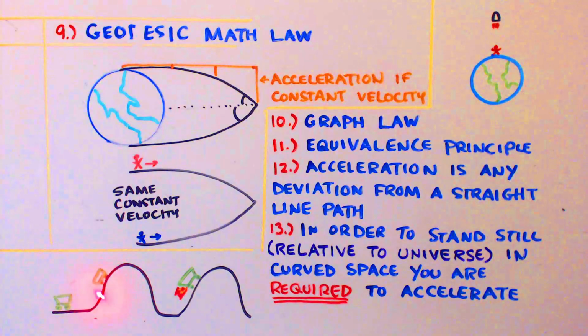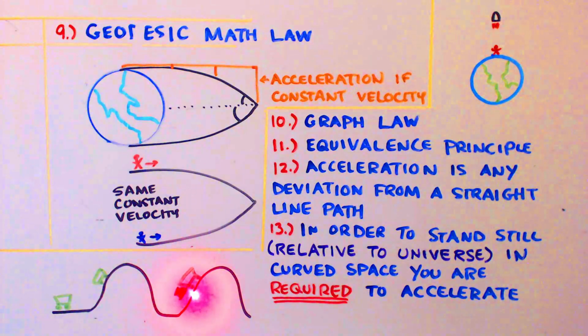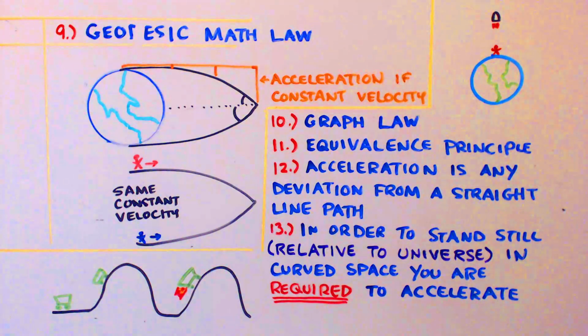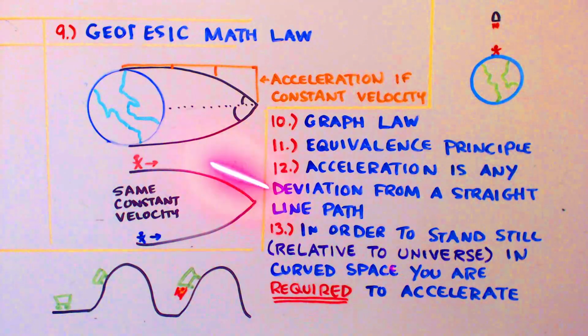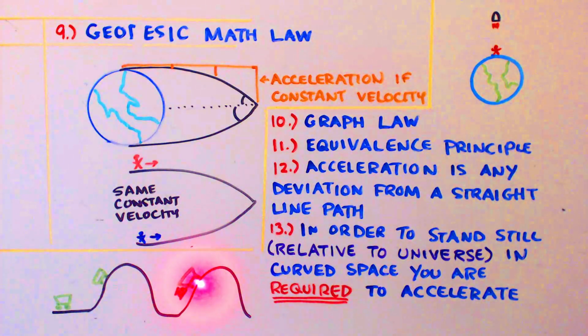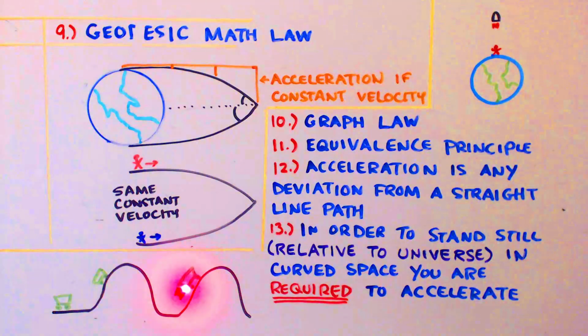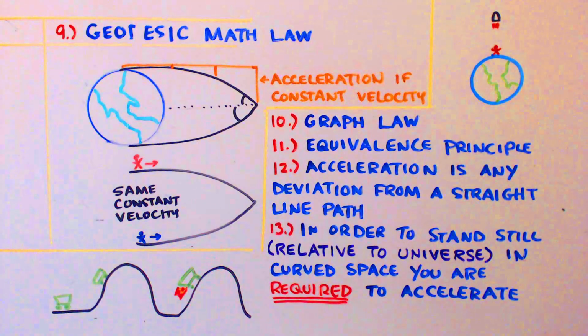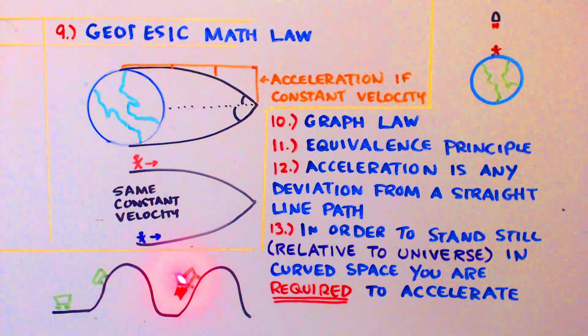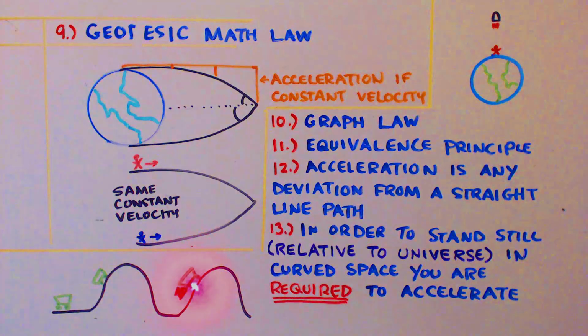He's on curved space. What's going to happen to this guy? He has wheels. He's going to roll down a hill. You're required, when you're in curved space, to accelerate, like this guy has a little rocket on it. Now, he can stand still relative to the rest of the universe and the rest of the planet by keeping that acceleration the same as the acceleration downward, meaning gravity. And he can stand. That's the only way he can stand still in curved space.